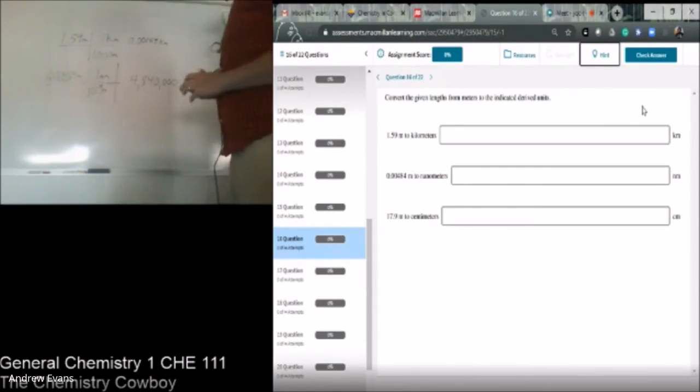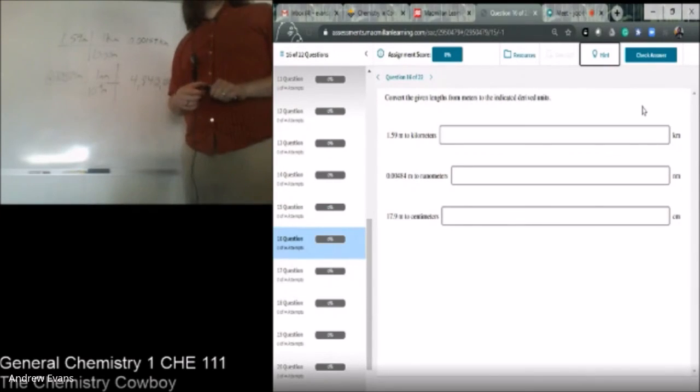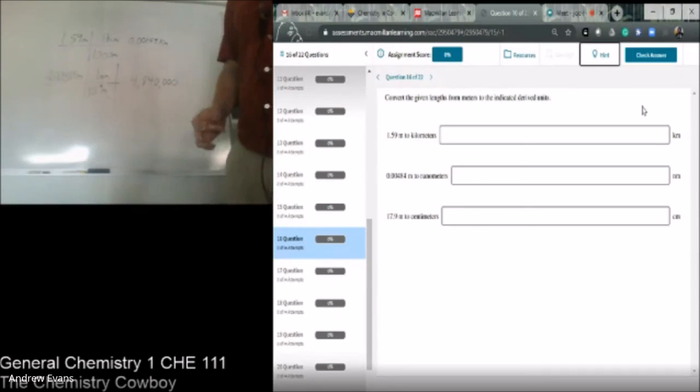We should have 4,840,000 nanometers. If you do this math and you get a really small number, you hopefully will think nanometers, meters. The size differences should give us a lot of nanometers.